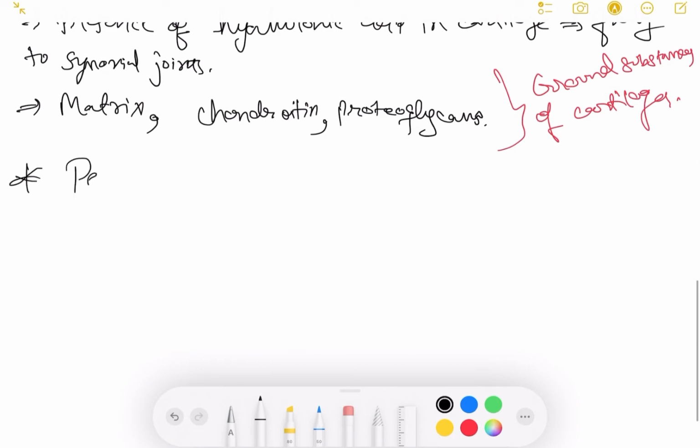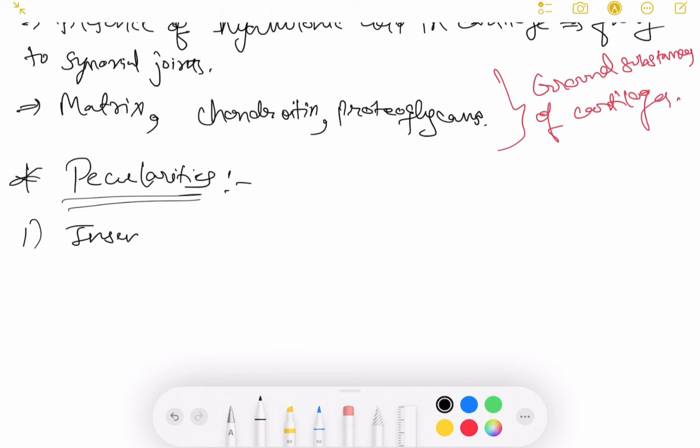Now talking about peculiarities, meaning the specifications of cartilages. One is this: cartilage is insensitive to pain because it has no nerves. Remember, this can be asked in viva, in short answers.